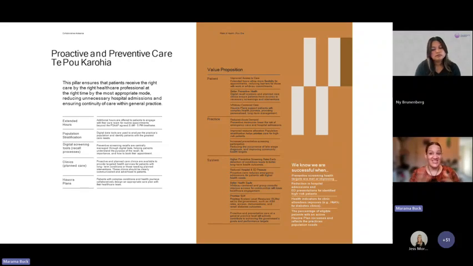So we know things like the self-swabbing now for HPV, although that's not a digital tool. We need to make sure that we're always at the very front end of new developments, so that our processes for recalls or for that preventative and proactive care services are always in line with the best technology.